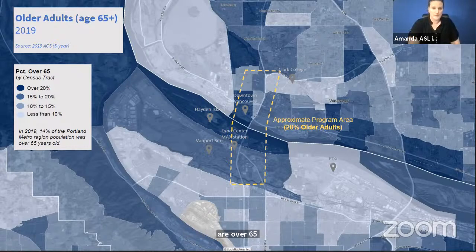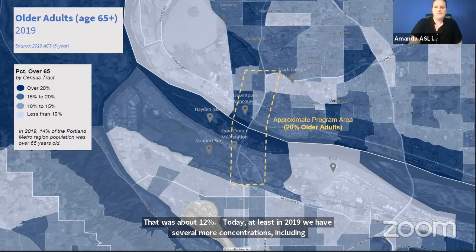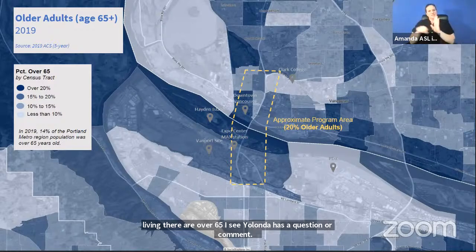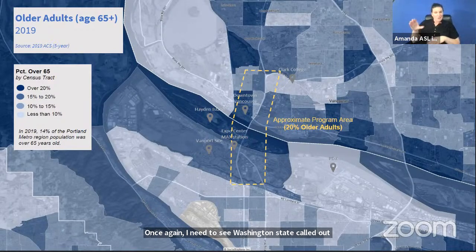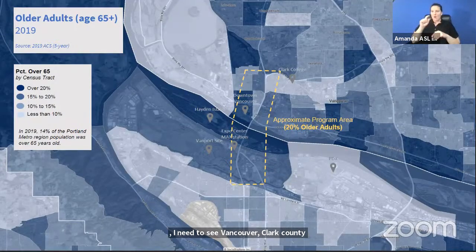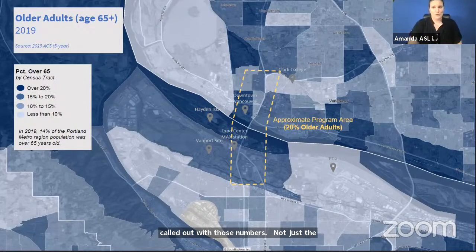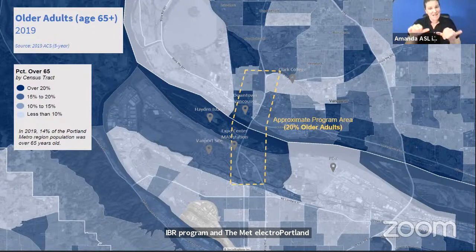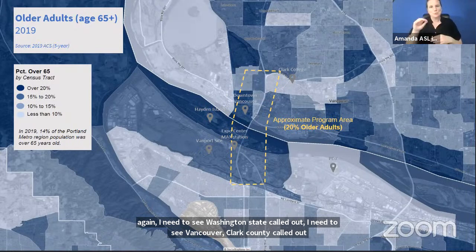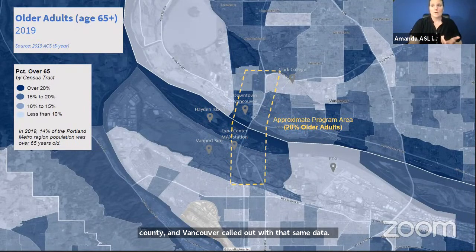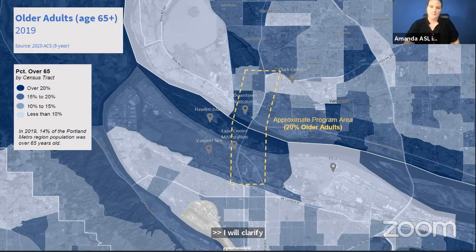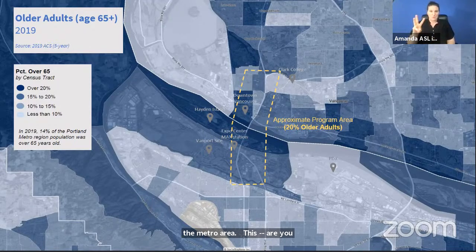Yes, and I'm enjoying the data that you're presenting to us. But once again, I need to see Washington State called out. I need our region, Vancouver, Clark County called out with those numbers, not just the IBR program and the Metro Portland area. I need Clark County or Vancouver called out with that same data. So I will clarify that I've called it the Portland Metro region, but that does include Vancouver and Clark County. Are you saying, Yolanda, more of Washington besides just the Southwest Washington side of things?